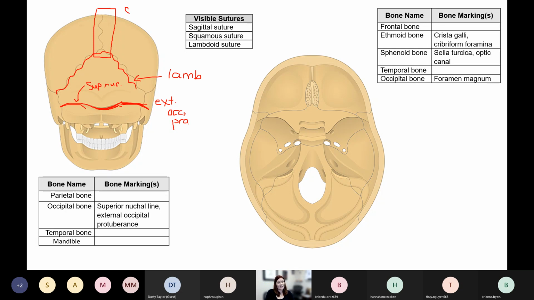So this is called the sagittal suture, because it divides in the same way that a sagittal plane would. We can also see a little bit of the squamous suture over here on the side.